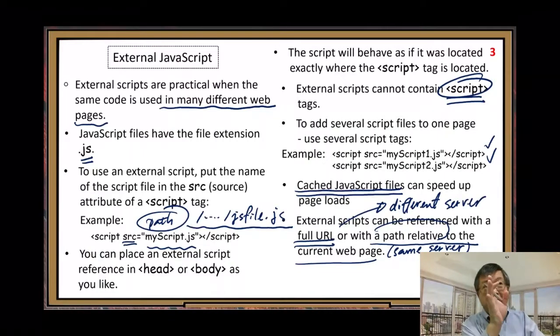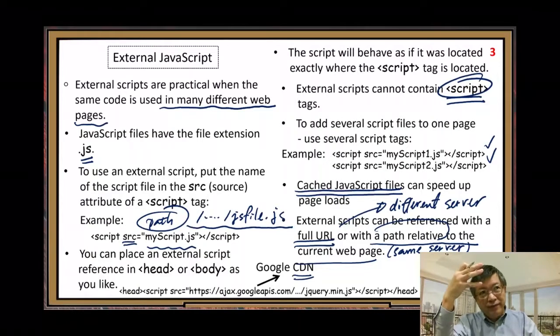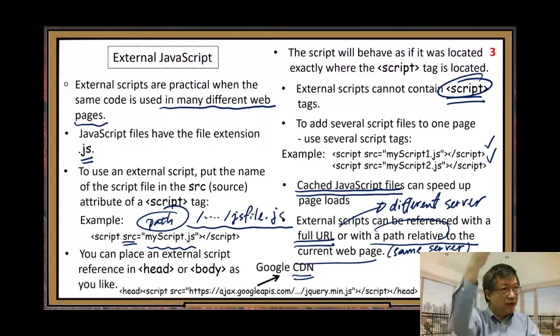Here, let me give you an example from a different server. In this example, we use JavaScript from the Google CDN. Google maintains CDN library files for JavaScript, for a lot of libraries.